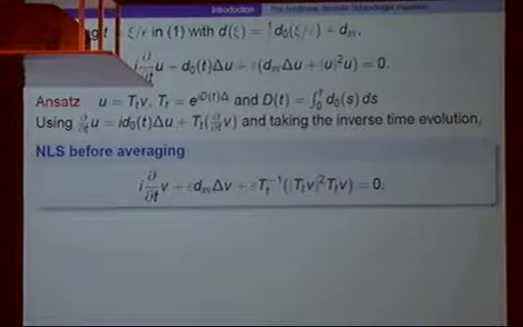And then use its inverse, T sub t inverse, on both sides, and we get just this itself plus this one. In fact, we can switch T sub t inverse and the Laplacian, which cancels them. So we have just the Laplacian of v there, and then epsilon multiplied by T sub t inverse of |T sub t v| squared T sub t v equals 0.